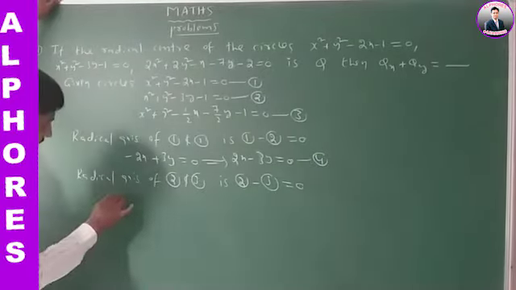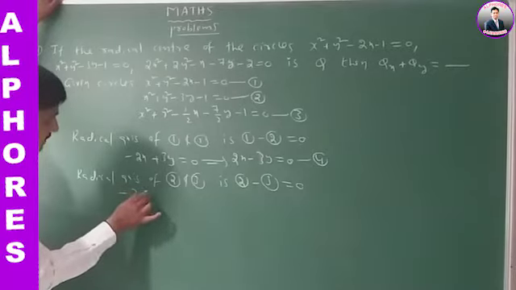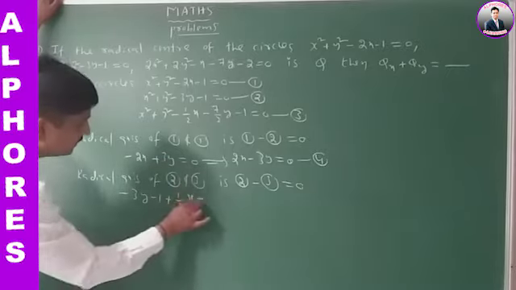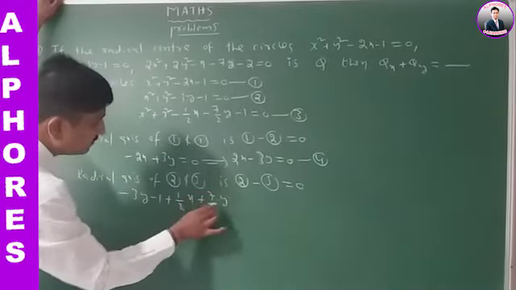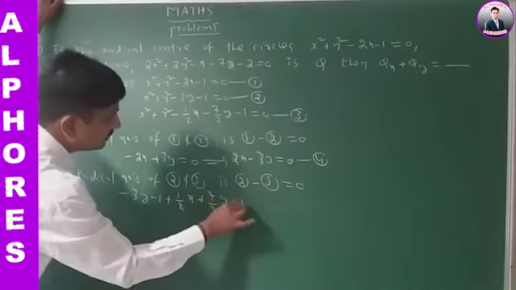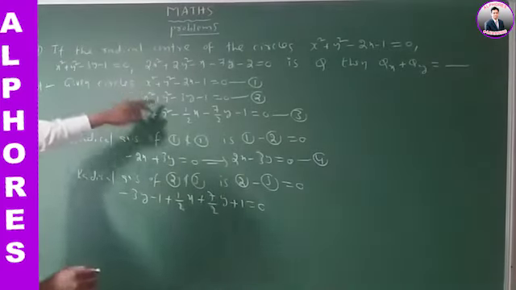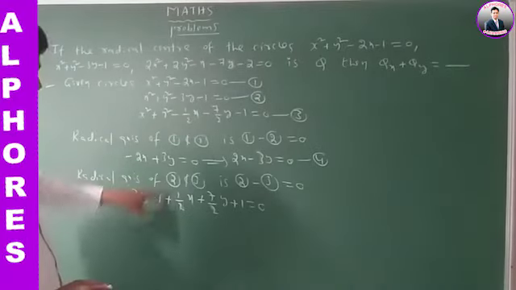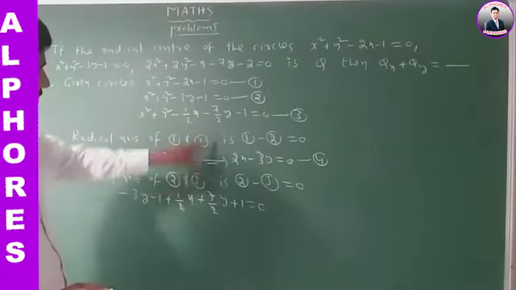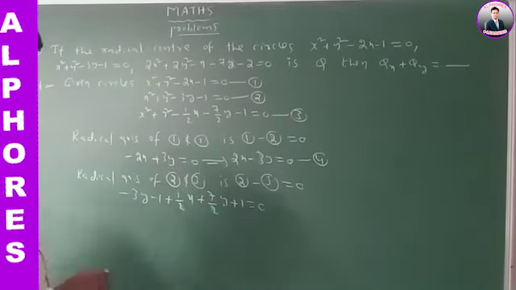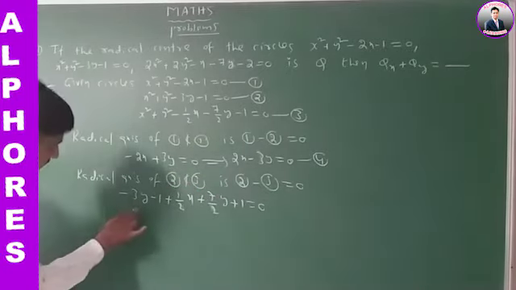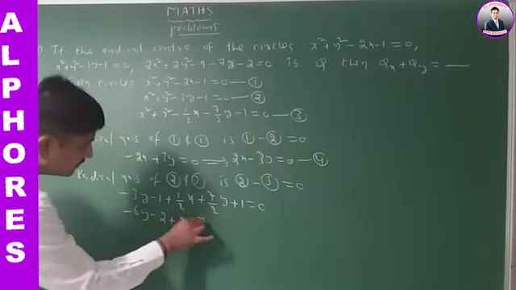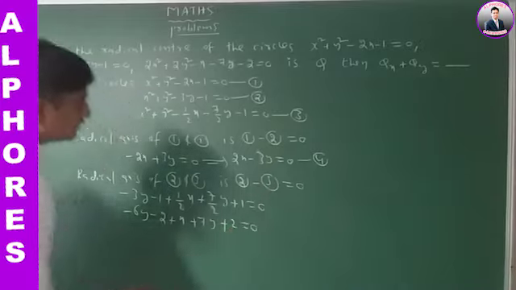Next, minus 3y minus 1 plus 1 by 2 into x plus 7 by 2 into y plus 1 equal to 0. Now LCM 2: minus 6y minus 2 plus x plus 7y plus 2 equal to 0.